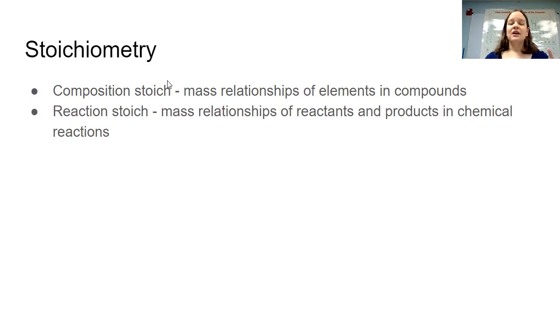Composition stoic is, if you remember way back in chapter 7, before Thanksgiving, we talked about percent composition, where we found the mass of the whole compound and then found the mass of each element and what percentage of that whole compound was each element. That would be an example of composition stoichiometry. You're looking at the elements versus the compound as a whole.